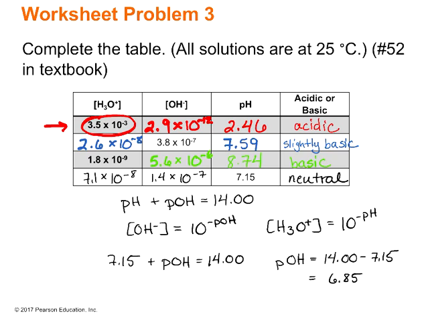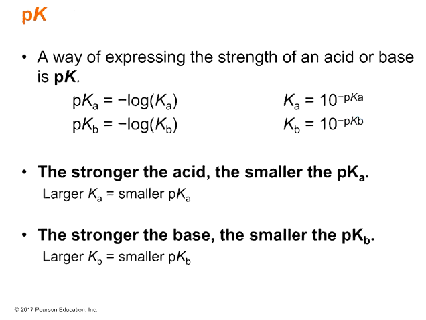Now, we are going to talk about one more thing today, and that is pK. So pK is a way of expressing the strength of an acid or base. Now, last time we talked about acid ionization constants, or Ka, and that this was pretty similar to an equilibrium constant.